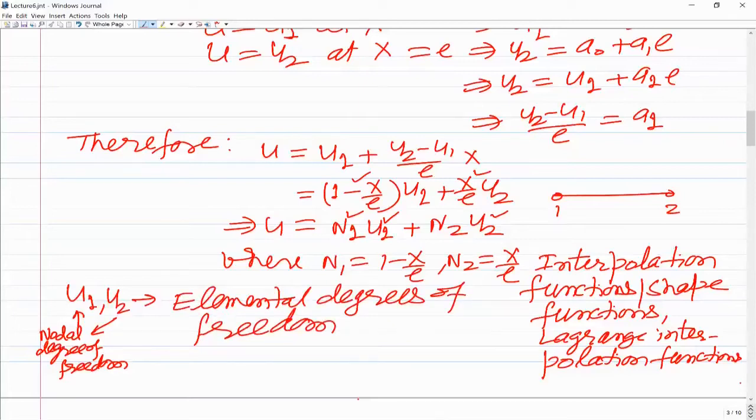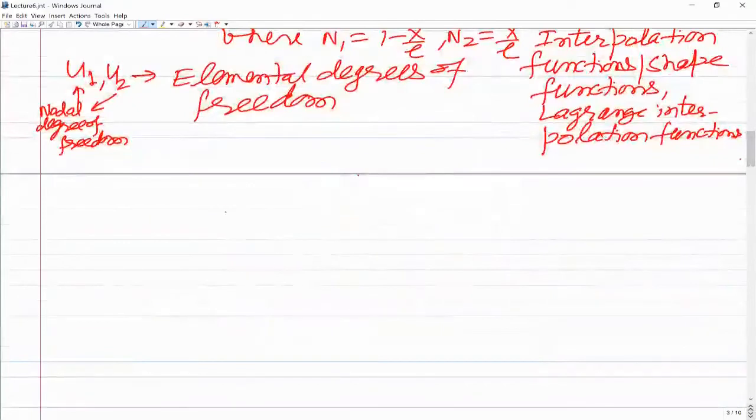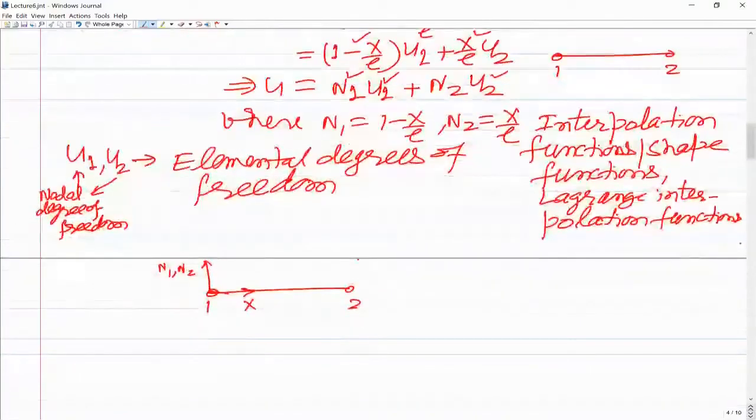If you look at n1 is 1 minus x by L, and n2 is x by L. If you look at the plot of n1 and n2 along the length of the element, this is the element, node 1 and node 2, and this is the capital X coordinate. So if we plot here these two functions n1 and n2, n1 is 1 minus x by L. If we put x equal to 0, it will give you 1.